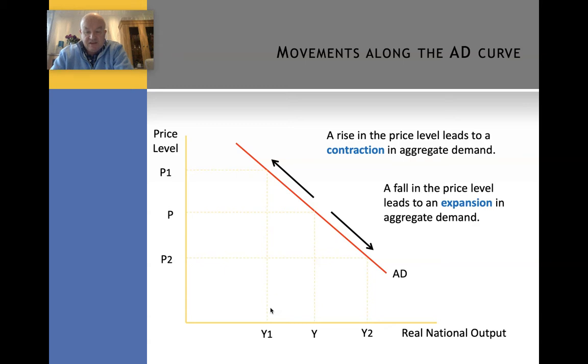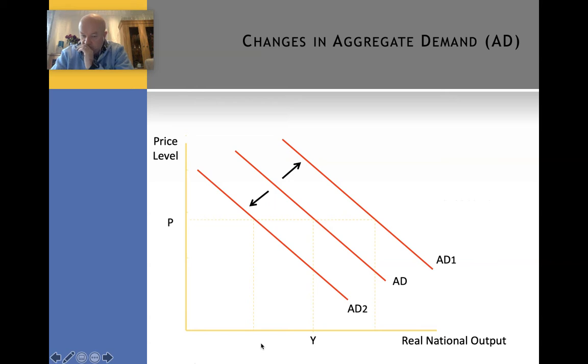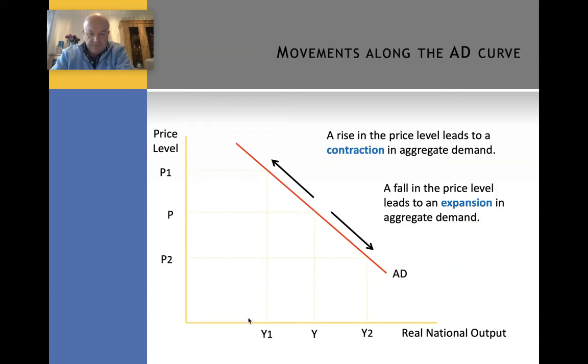In the first case, where we were initially was at price level P. We had real national output at Y. But if we have a rise in the price level, so if the price level goes up to P1, then there will be a fall in real national output to Y1 because demand will have fallen due to the price going up.